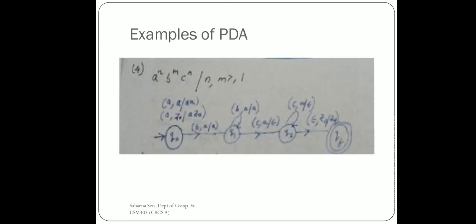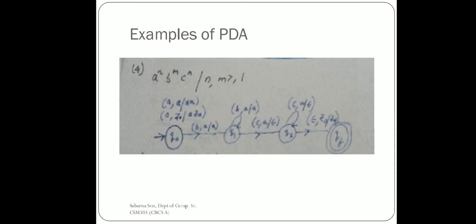This is another example: A to the power n, B to the power m, C to the power n. Just see, the comparison is done between A and C, and B is separate. It is easily understandable. The start will be the same. If we see A and the stack is empty, we will push A. For the number of A's in the first part, it will keep on pushing.